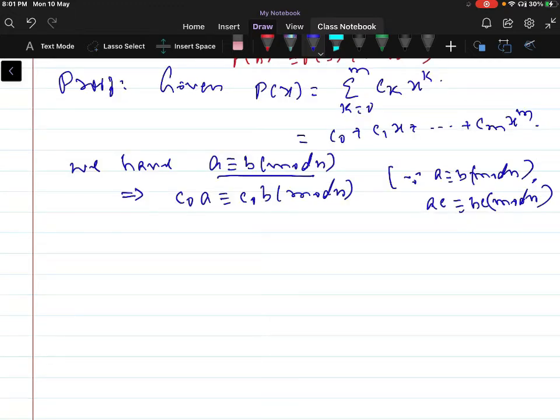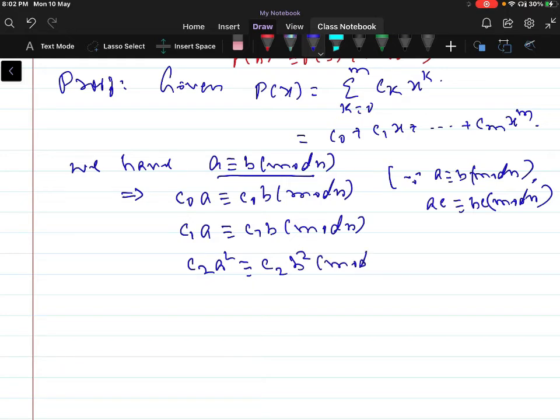So also we can write c_1 a is congruent to c_1 b modulo n. Even c_2 a square is congruent to c_2 b square modulo n.